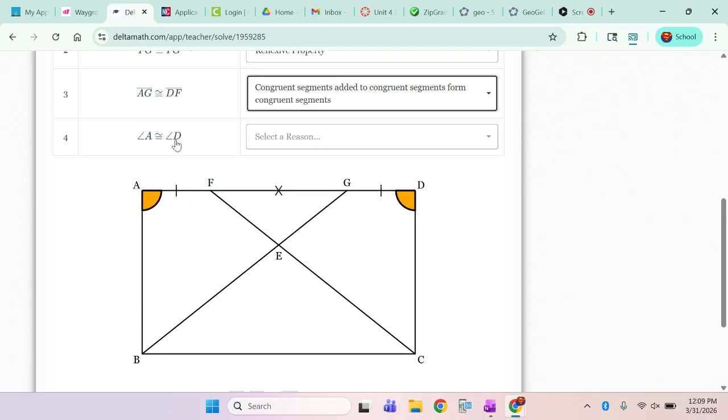Then they say angle A is congruent to angle D. Why is that true, Aiden? So not reflexive property, they're not in the exact same spot. But what's the shape? What do they tell us that shape is?